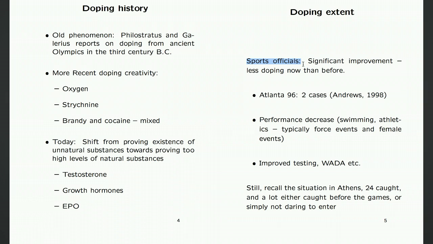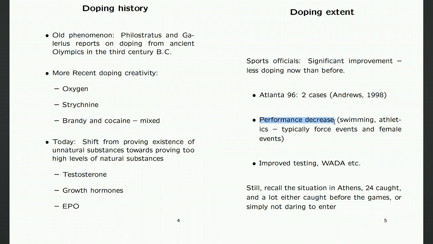You see here that only 2 cases were actually discovered immediately before and during the Atlanta Olympic Games. There is something which is kind of obvious. We have seen certain performance decreases in certain sports. We have seen it in swimming. Although in the latter years the world records have improved, there was a certain period where the performance level of the athletes was not at the level it used to be some years before.